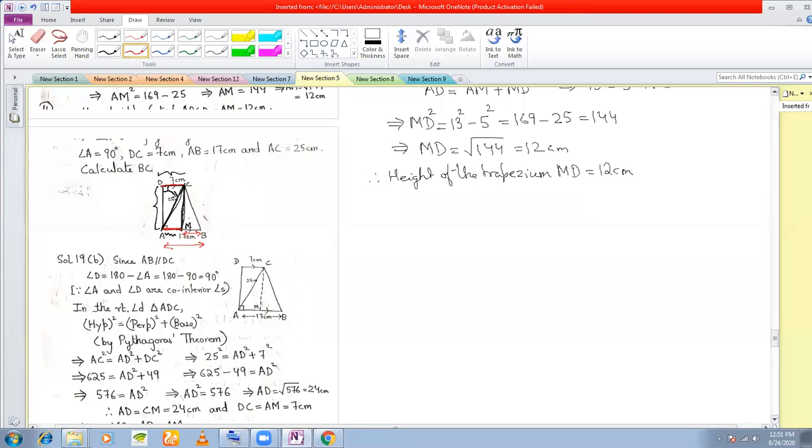Now you consider this right angle triangle. In this right angle triangle, you know this length, you know this length. Therefore, you can find out the hypotenuse. By Pythagoras theorem, you can find.